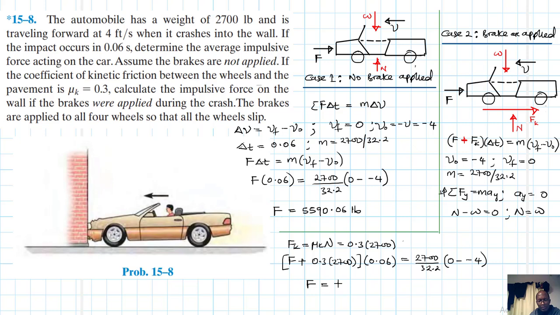Alright, so we have 4780.06 pounds. Okay, so 2700 divided by 32.2 by 4 divided by 0.06 minus that gives 4780.06. Alright, I think this is about it.